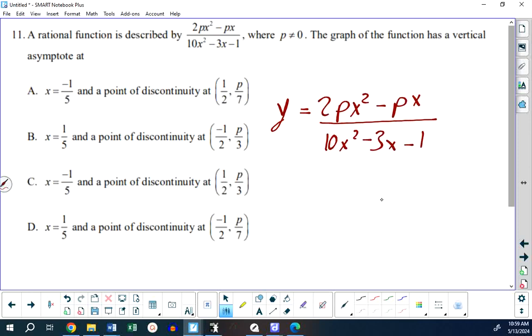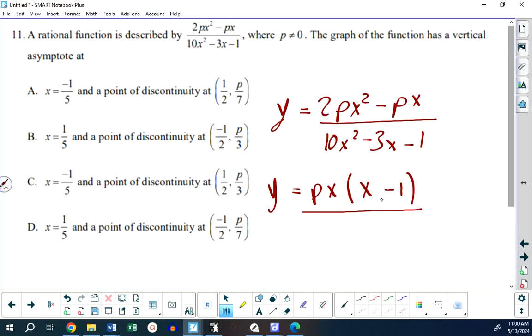So we have to factor everything completely. In the numerator, it's a binomial, but there's a common factor of px. And I'm left with x minus 1. In the denominator, it's what I've always referred to as a complex quadratic.